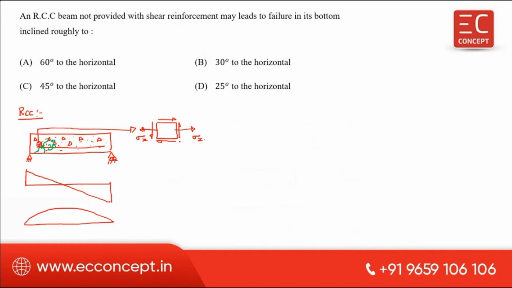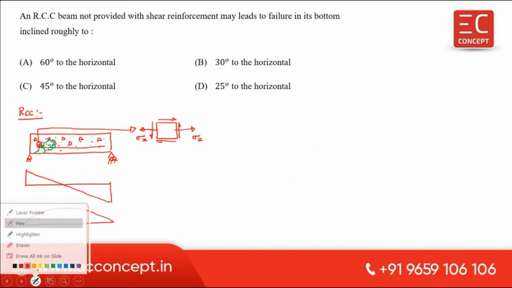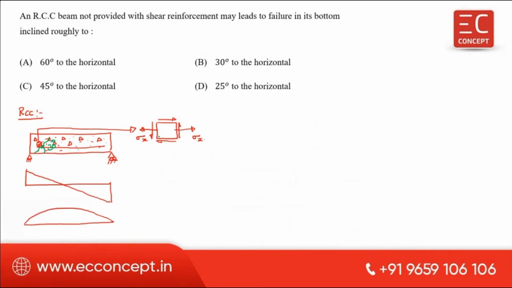Now, in this case the maximum shear stress, that means the failure plane, is something like that. Approximately we can calculate this angle, and we get 30°. That is, failure happens around 30° for RCC.